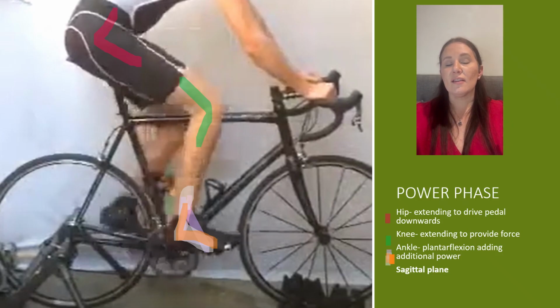Again, those degrees are increasing, and the ankle is going into plantarflexion. It's adding additional power by getting those toes to go towards the ground. That's pushing all of the power from those extensions and those muscles down into the pedal to create that force to make the wheels go round.